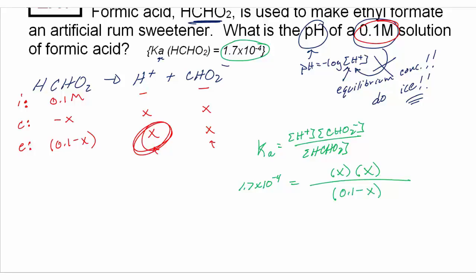Okay, now this is really looking ugly. This looks like a quadratic formula problem, but it's not. And you're going to like these. Why? Because Ka is really small. And the smaller the better. When Ka is 10 to the negative 4 or smaller, we can do this.